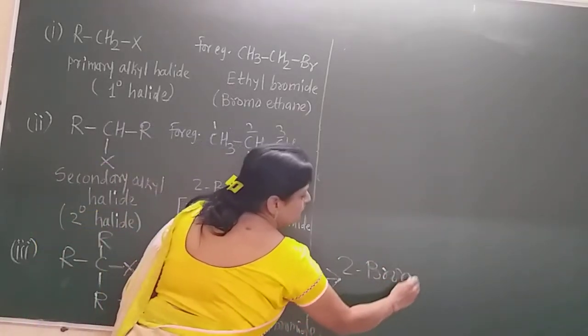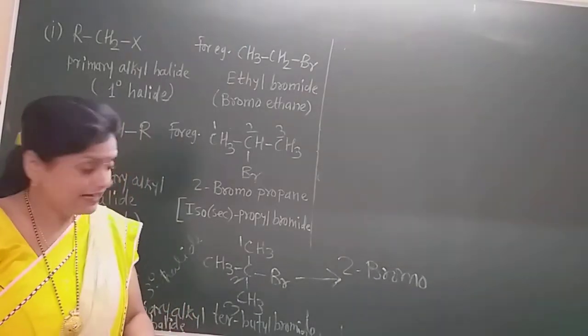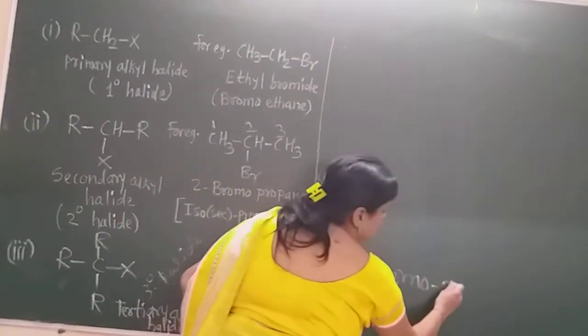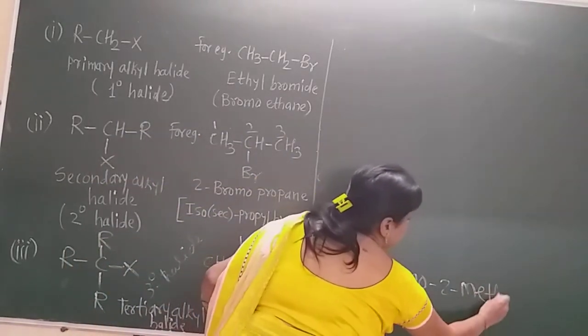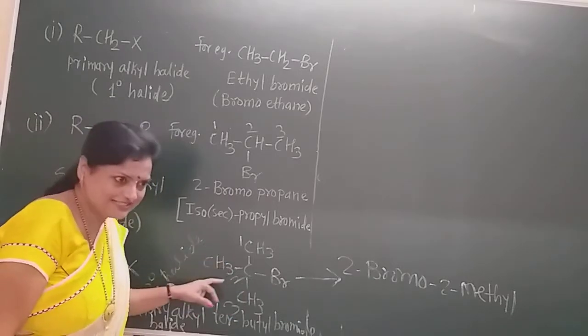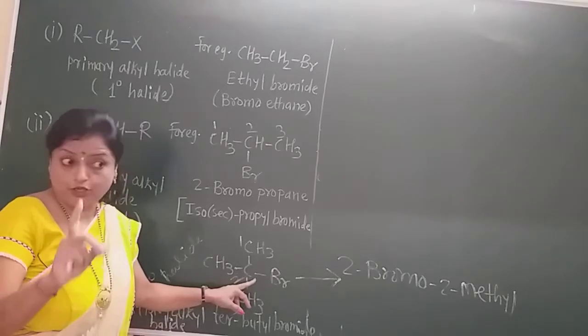2-bromo, because the name of the halogen is given first and the name of the alkyl group later on. 2-bromo, 2-methyl. Why 2-methyl? Because on the second carbon there is this substituent methyl and this bromine. Remember how to give the IUPAC name.